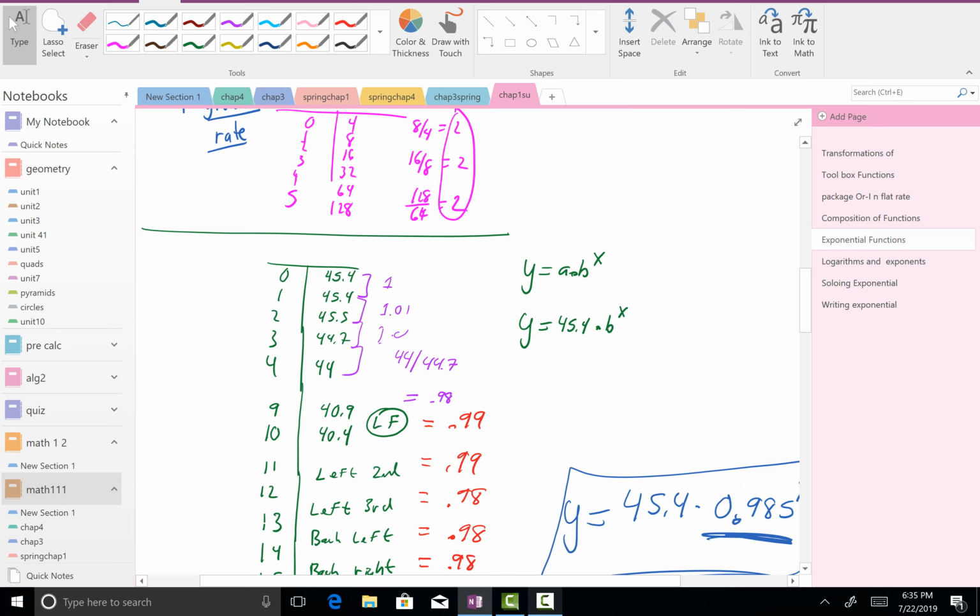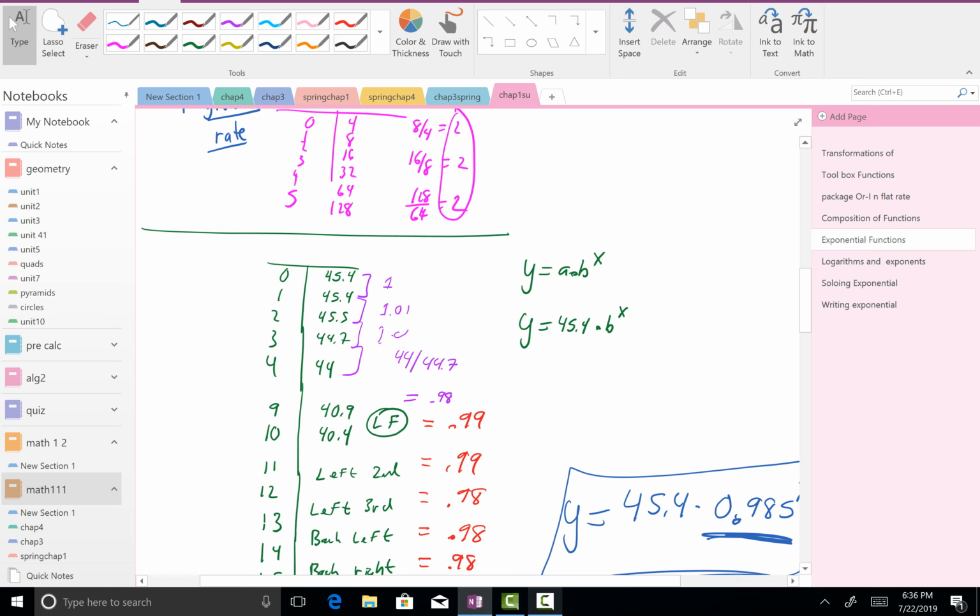Write down a couple of numbers here. Almost break time, let's do this real quick though. Let's see, 45.4 at time 0.